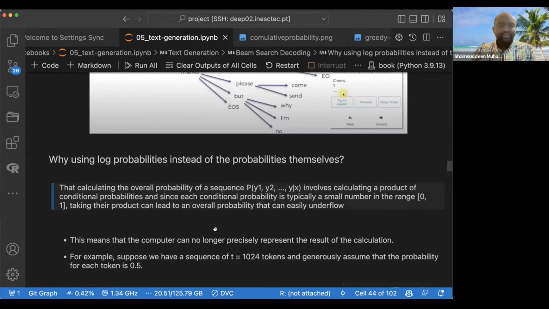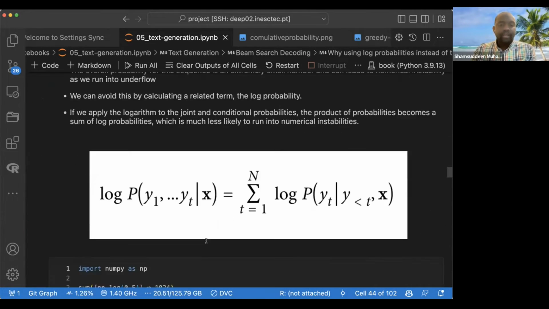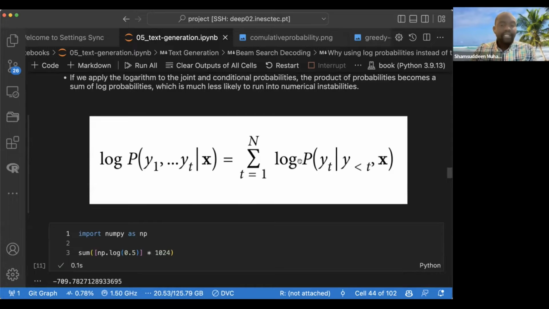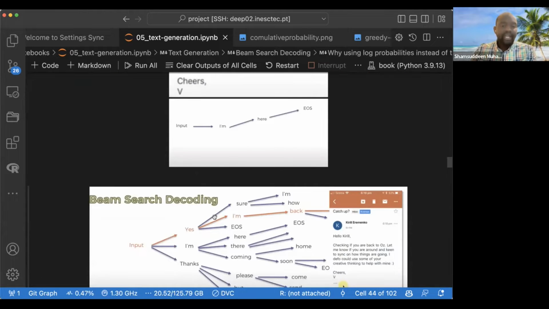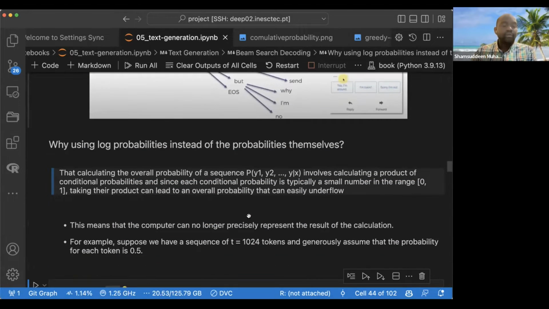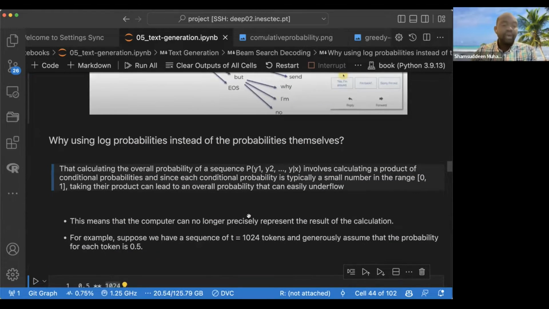So here you can see, instead of taking the probability directly, they take the log probability. Taking the log probability changes this to a summation problem, right? Because if you take the log, now it becomes a sum. If we sum these, because we take the log probability, we will not have that issue of our probabilities getting smaller.